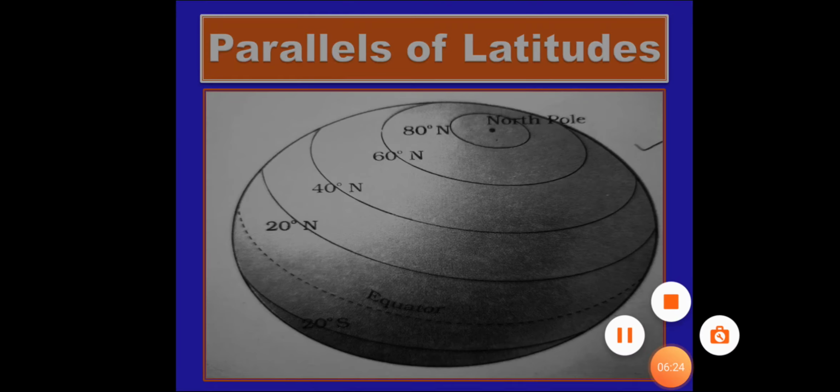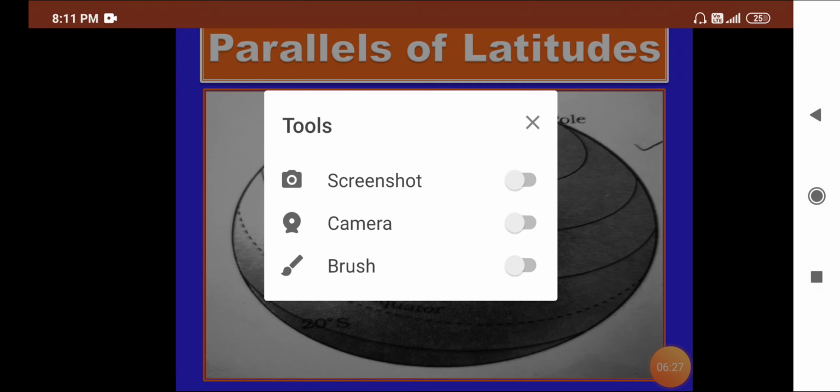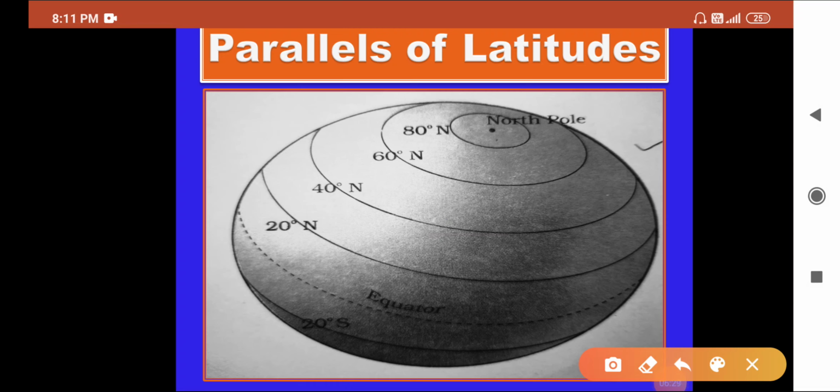On this picture also you can see this center line, shown parallel to other lines, which divides our Earth into two parts, two hemispheres.